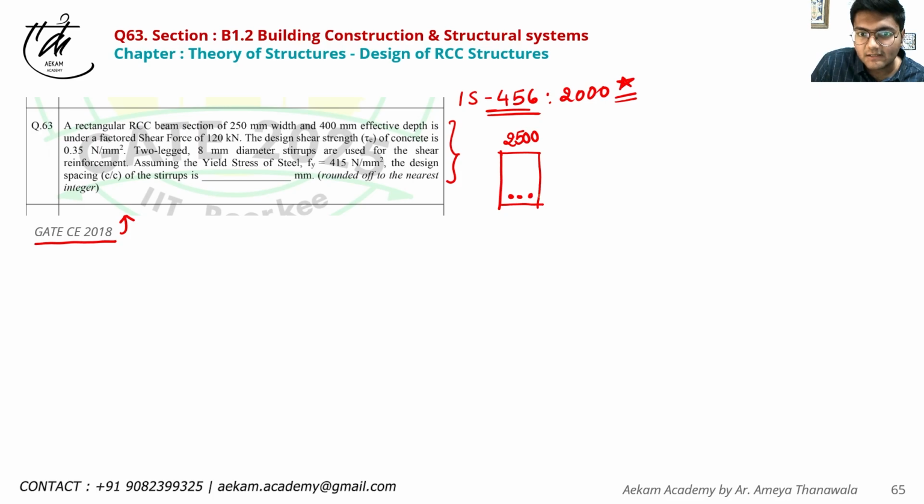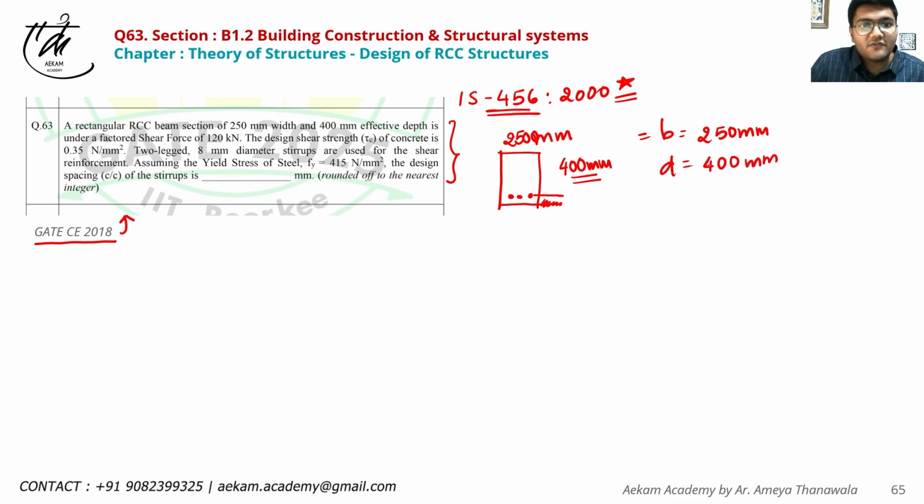If this is your reinforcement, you consider the center of your reinforcement. You don't consider your clear cover. So this has been given as 400 mm. So let me just write B is equals to 250 mm. D is equals to 400 mm. Your factored shear force, which is your V, is given as 120 kilonewtons.